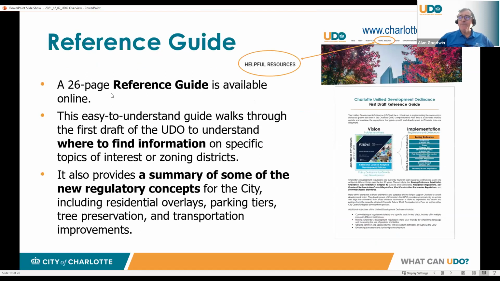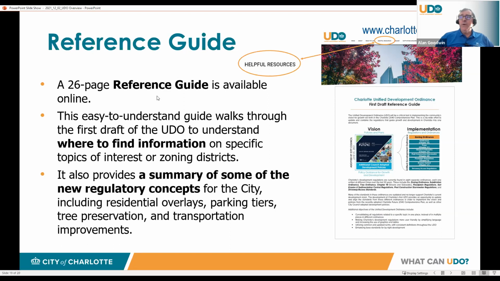And finally, we know that a 600-page UDO is a pretty big document to try to wade through and to understand. So to help, we've created a 26-page reference guide, which you can also get from our website. If you go to the tab at the top of our main page that says helpful resources, it's a pull-down box and you'll see a tab for the reference guide.